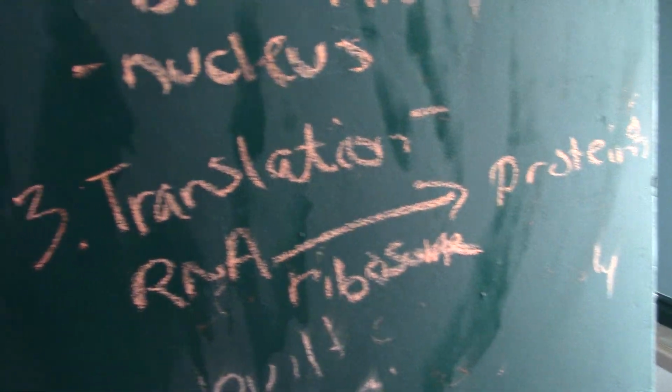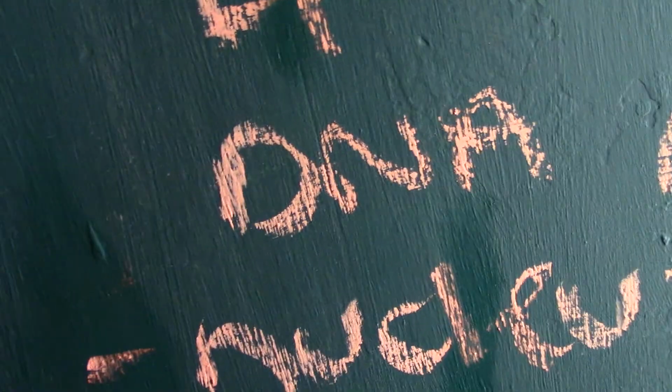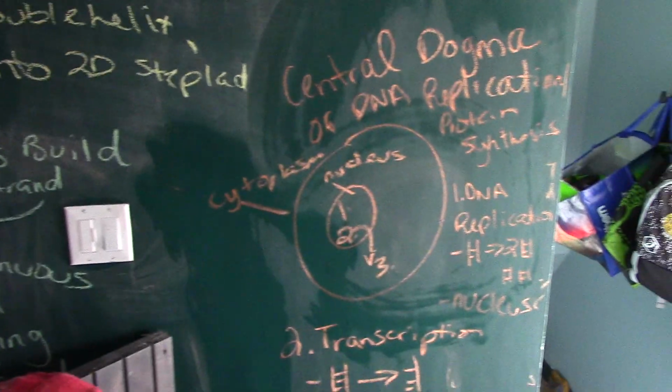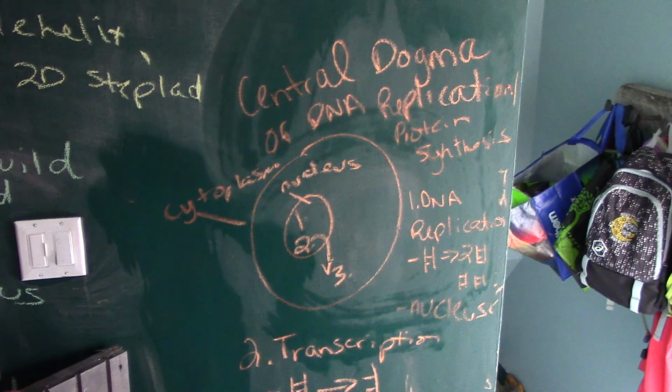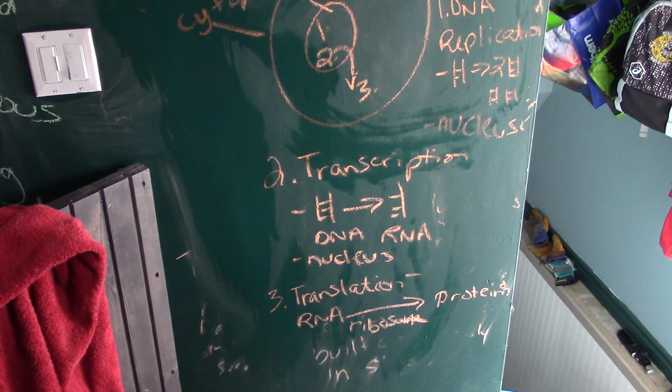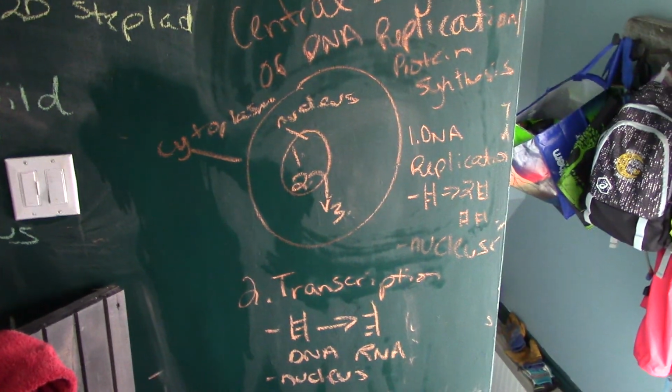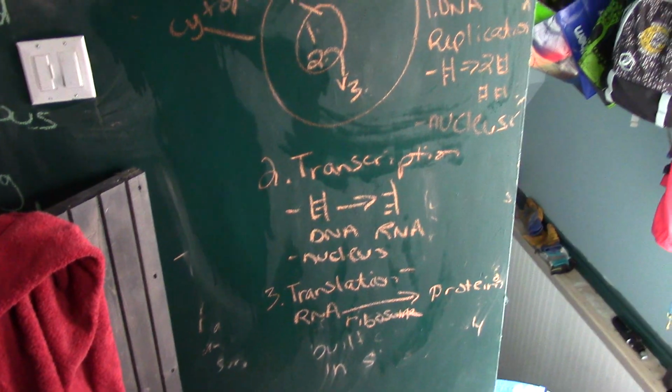So that's translation, and that is in the cytoplasm. This always happens this way. It never doesn't happen this way. And that is DNA replication. That's also your introduction to transcription and translation.